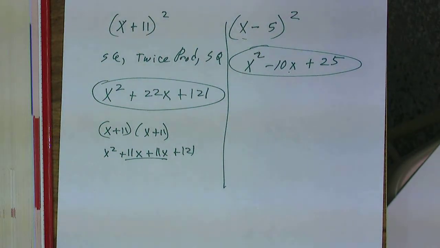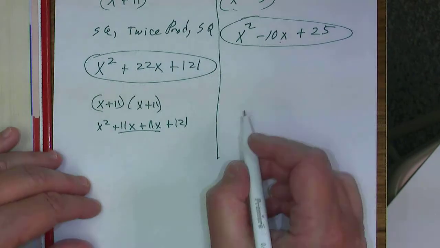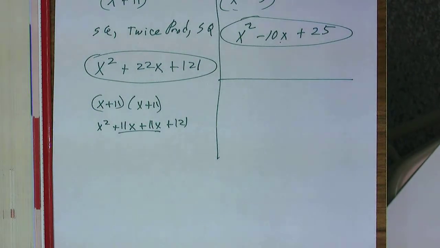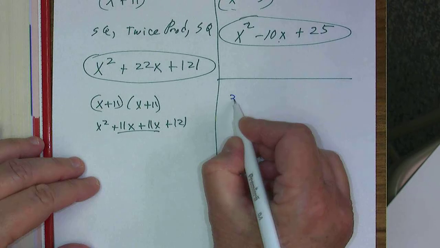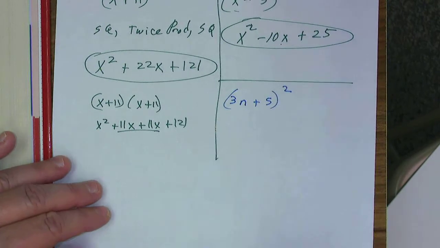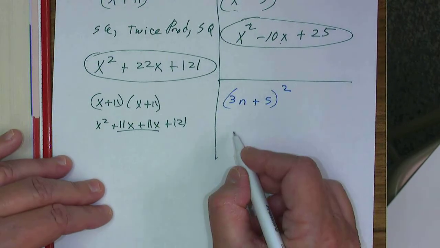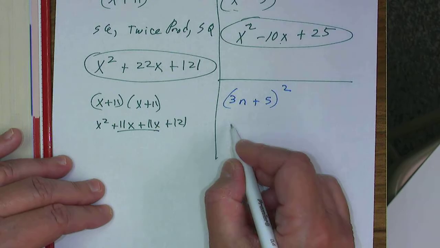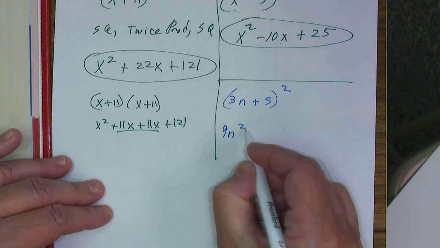You can always multiply by FOIL. If you have, let's do 3n plus 5 squared. Remember, this is the square, twice product, square. So you square that, you get 9n squared.